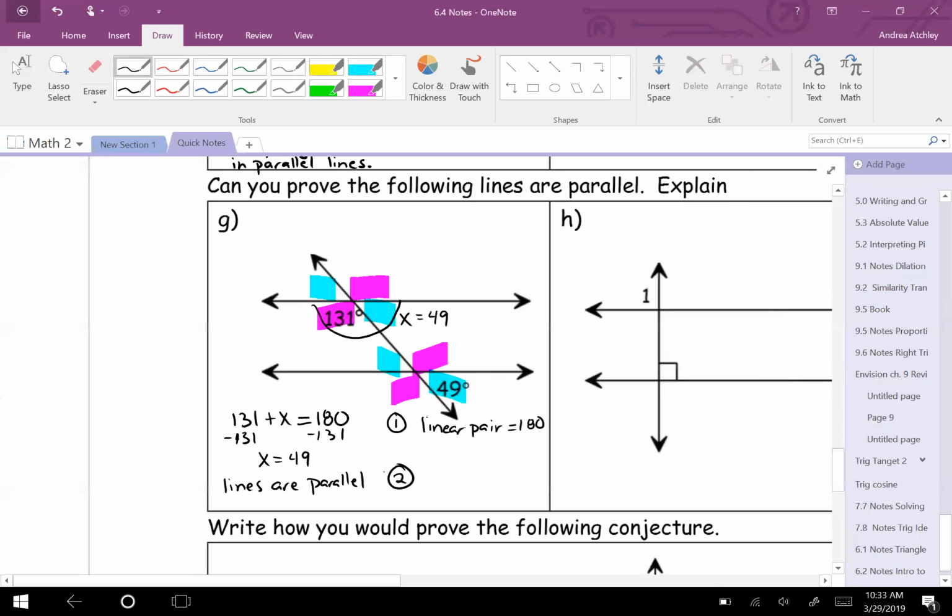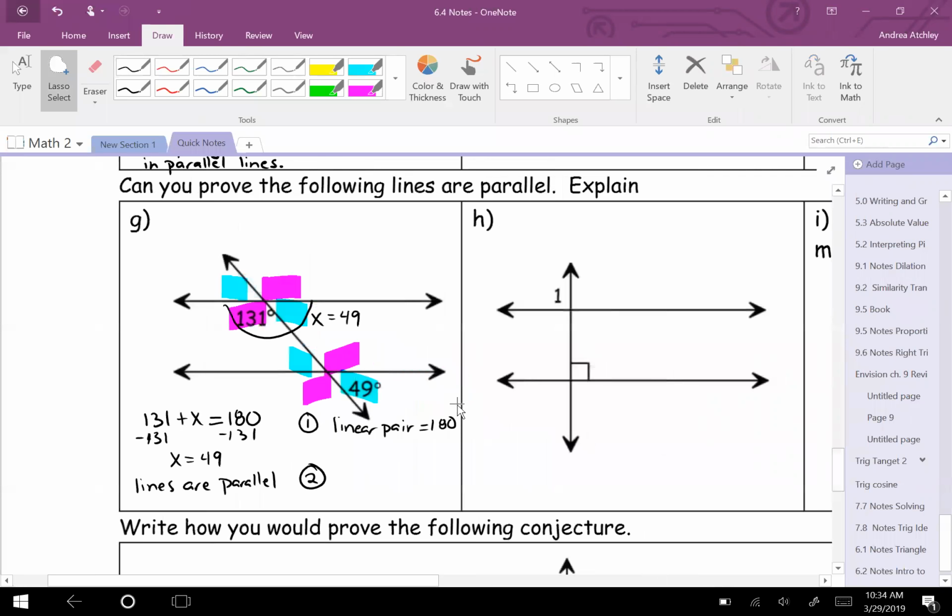Now we need to name those types of angles. What type of angles are these two angles, this one and this one? They are corresponding angles.